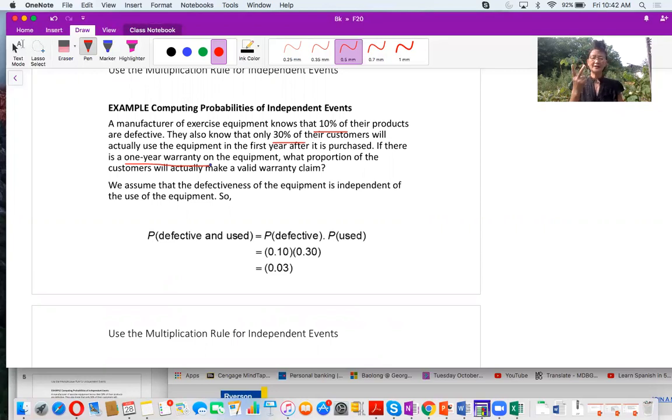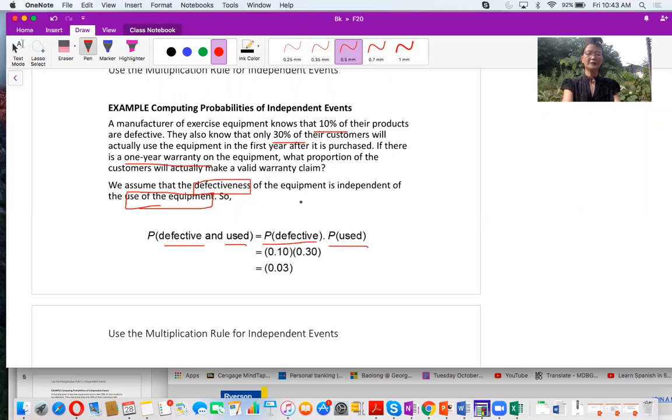So there are two events here. One event is the product is defective. The other event is use of the equipment. Those two events are independent because the occurrence of one event does not affect the probability of the other event. If two events are independent, we use the formula: probability of defective and use equals probability of defective times probability of use.